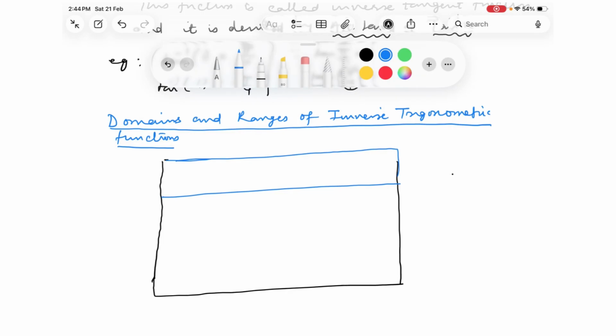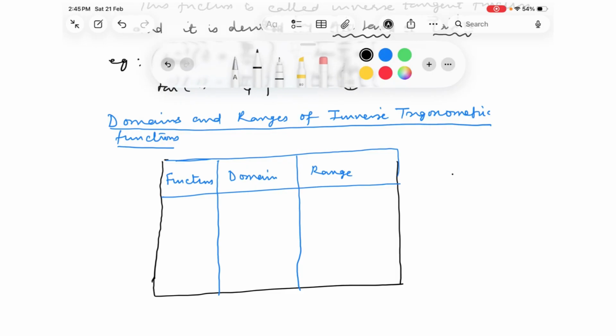In the first column, let us write the function. Second and third column, let us write domain and range of the function. First column, function. Second column, domain of the function. Third column, range of the function.